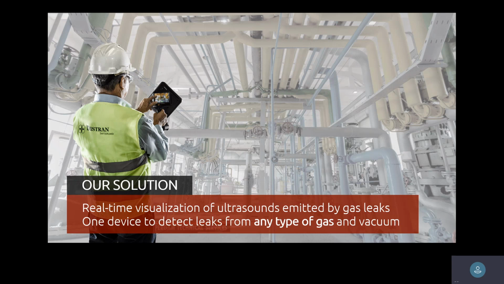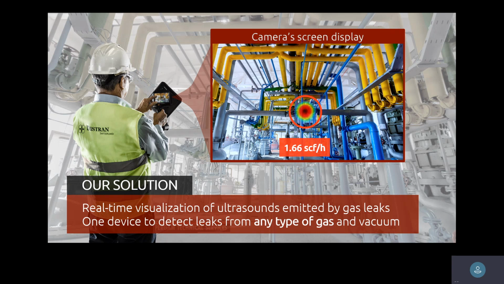What we're talking about here is real-time visualization of gas, regardless of gas, including hydrogen and nitrogen that are very complicated for other platforms to see, specifically OGI. And here's what I'm talking about: the ability to identify and quantify.